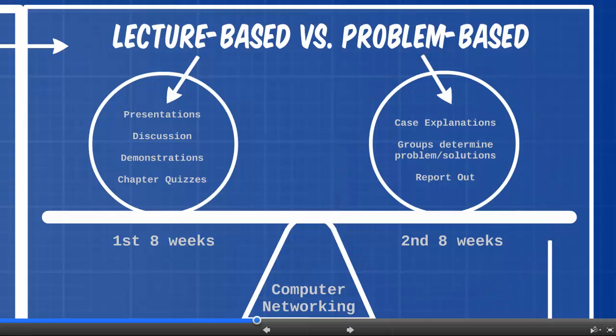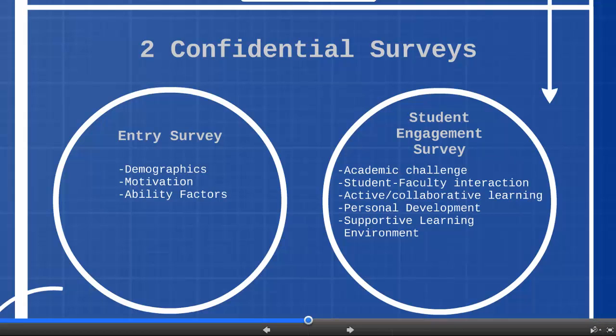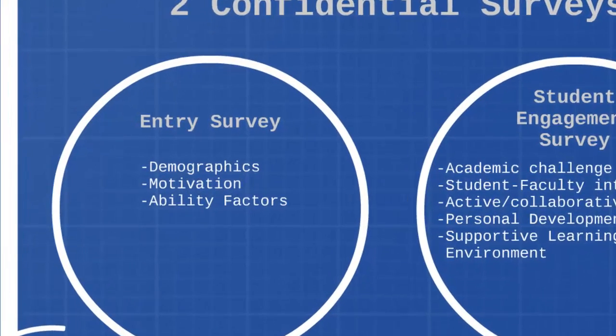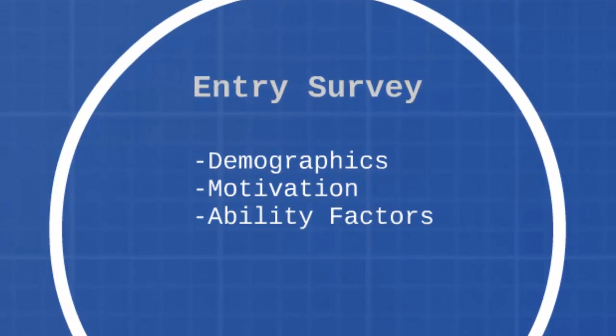So now that you have an understanding for how the study was done, let's talk about how they recorded the data. The students were given 2 confidential surveys. First, on the left, an entry survey was administered to measure student abilities and motivational aspects at the beginning of the study.